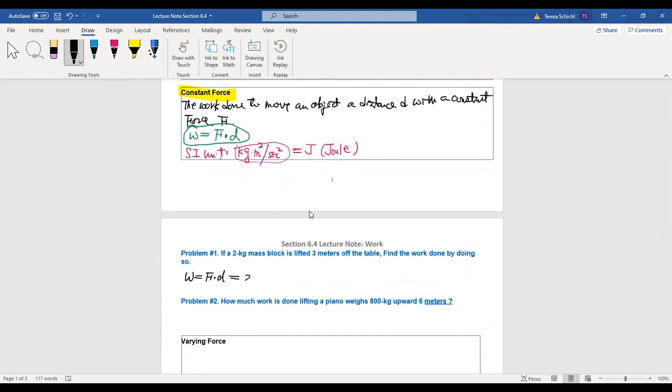So it will be 2 kilograms times, because we are on the Earth, the acceleration of 9.8 meters per second squared. Then what is the distance? Times 3 meters. As you see, all these units match, so you know you're going to get it correct.